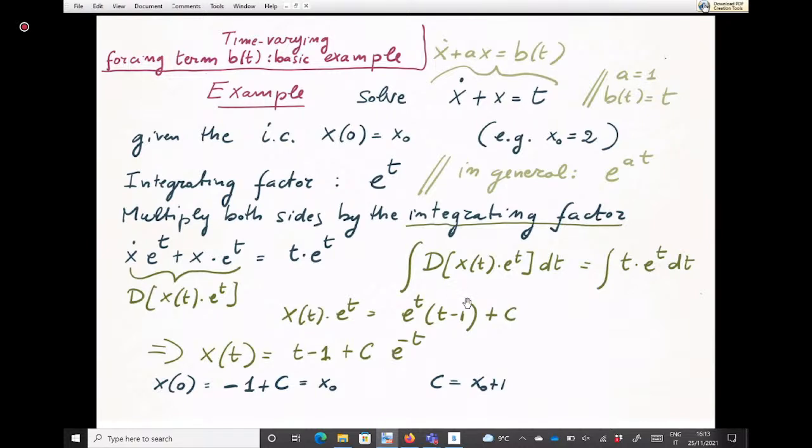So there are two methods to solve equations of this type, x dot plus ax equal to, unfortunately, not b constant, but p of t, provided that p of t is a very simple function of time, linear or exponential.